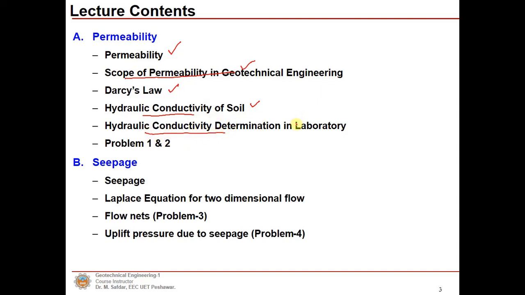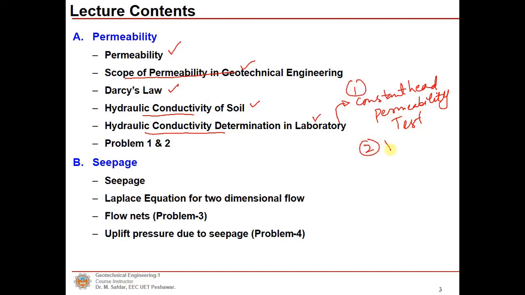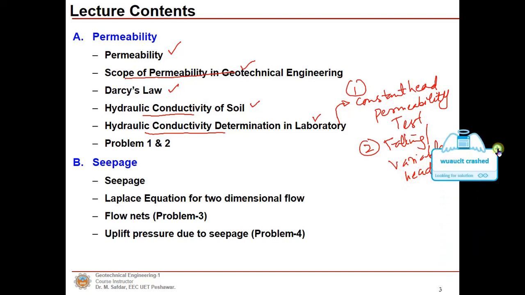the lab experiments. There are two methods. One is the constant head permeability test, and the second one is the falling or variable head permeability test.